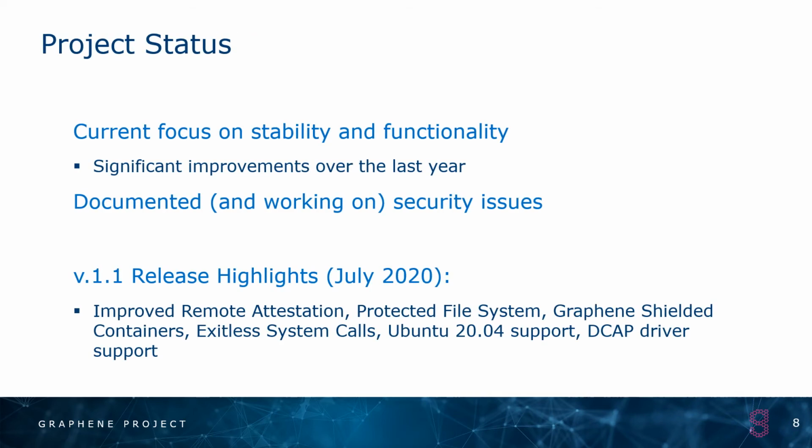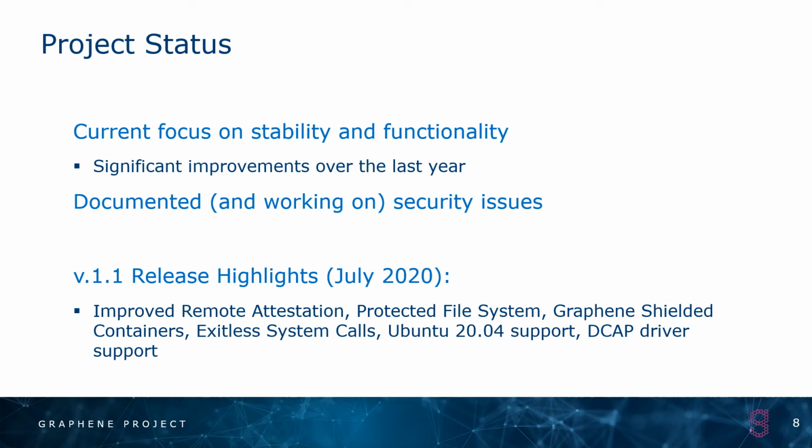Overall, the current focus of the project to date has been on stability and functionality. If you tried Graphene a few years ago and you try it again now, I hope that you'll find, commensurate with other feedback we've gotten, that there have been significant improvements over the last year. The main reason that we don't consider the project production ready at this point is because there are some documented security issues where we need some additional time to work through.